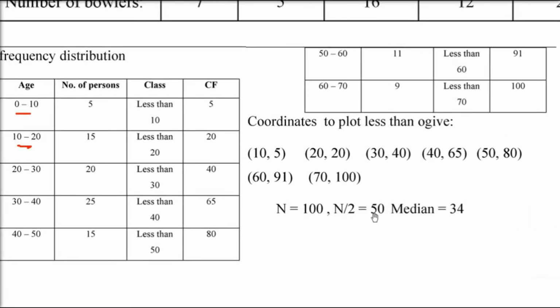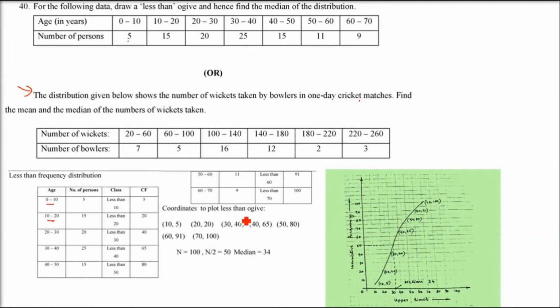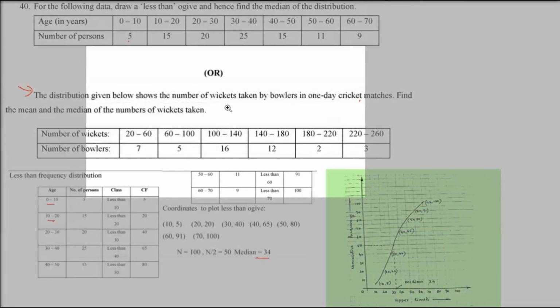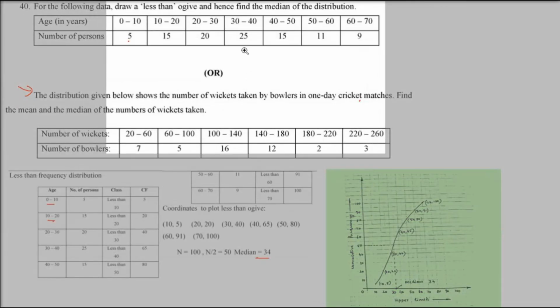For that, total n is 100, divide by 2. This n by 2 we are going to take on the y-axis, and the corresponding x-axis point will be the median. n by 2 is 50. We will find what corresponds to 50 on the y-axis on the x-axis. The x-axis point will be the median, because the median has to be computed also.